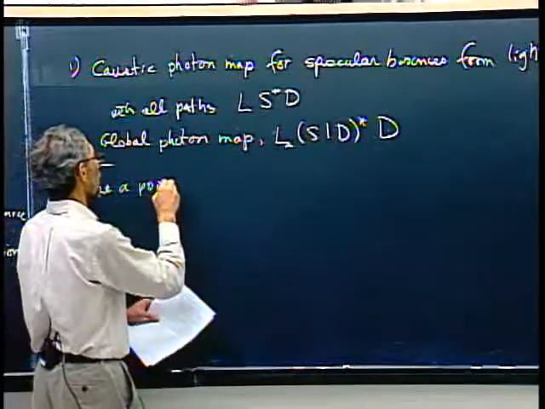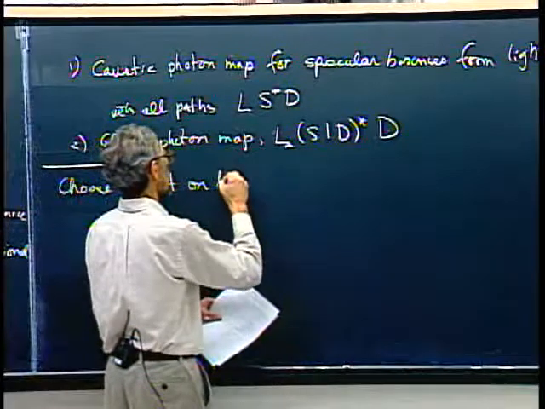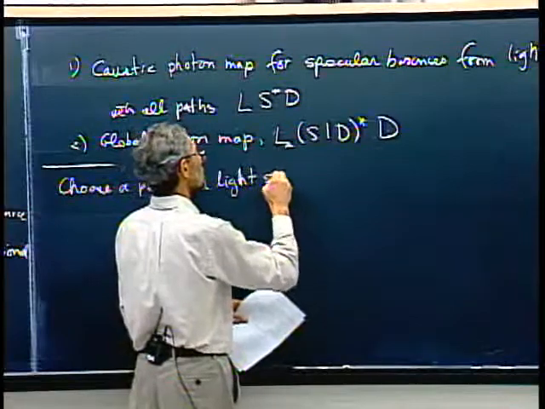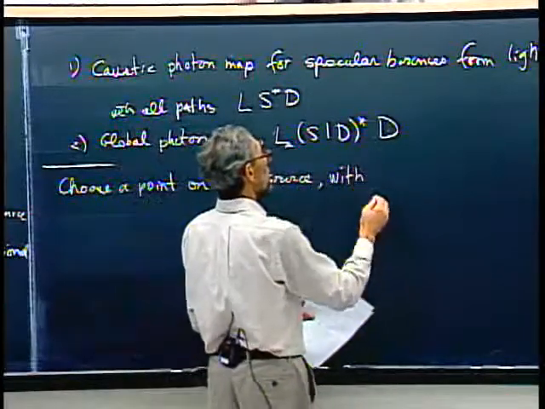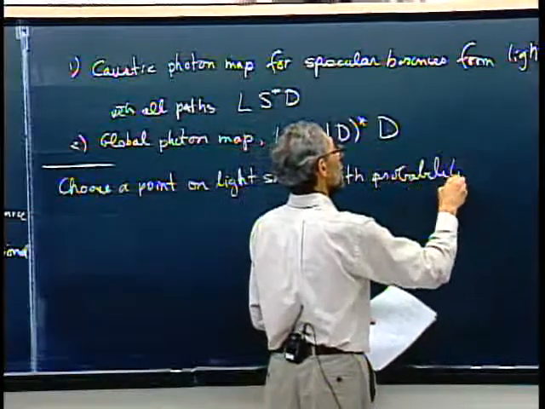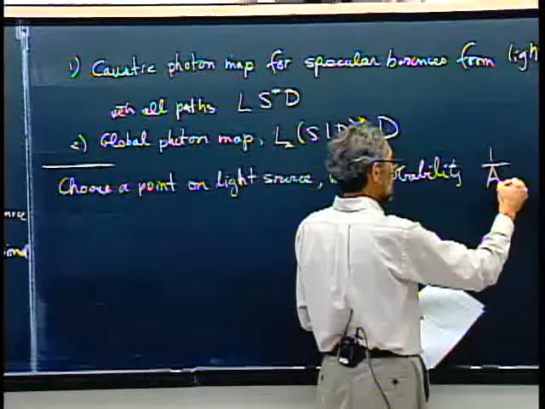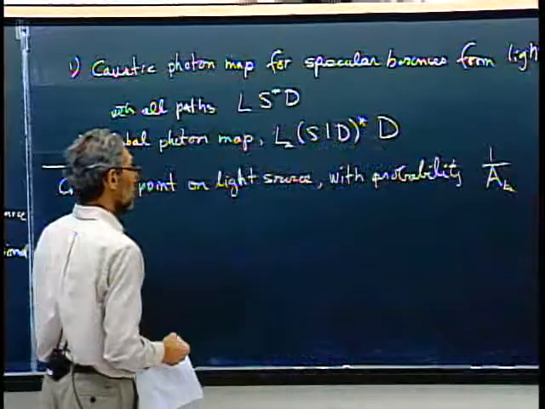Choose a point on the light source with uniform probability. And so if it's a light source's area A_K, 1 over A_K is the density, right?